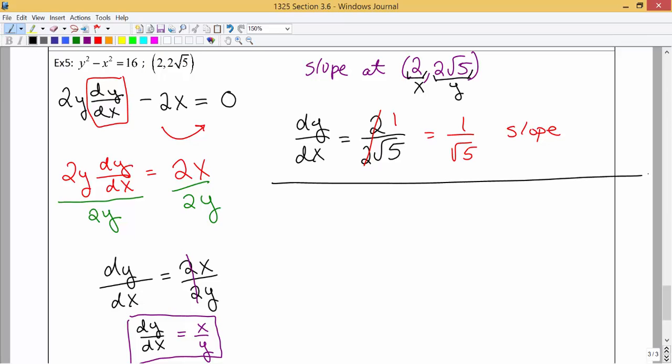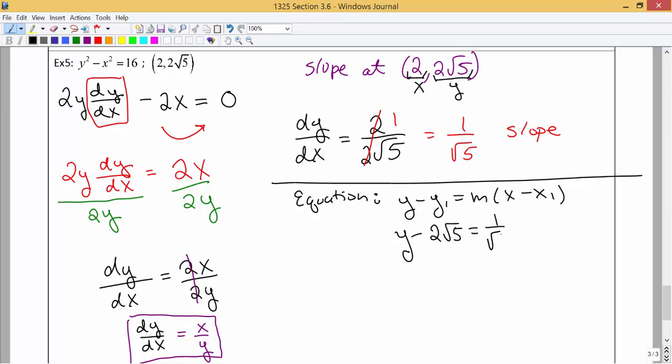And for the equation of the tangent line, we're going to use that point slope formula, y minus y1 equals m times x minus x1. So that would be y minus, the y value of the point, 2 times the square root of 5, equals the slope, 1 divided by the square root of 5, times x minus the x value, which is 2.